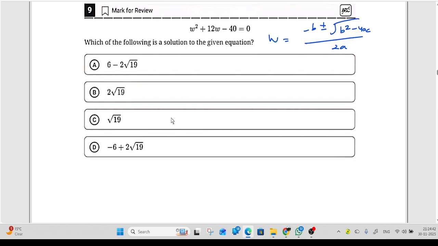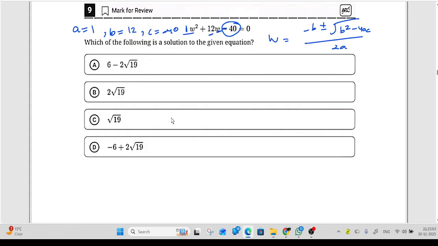So a is the coefficient of w square, which is 1. B is the coefficient of w, which is 12, and c is the constant, which is negative 40. You have to write the sign also. If it is positive 40, positive. If it is negative, negative.